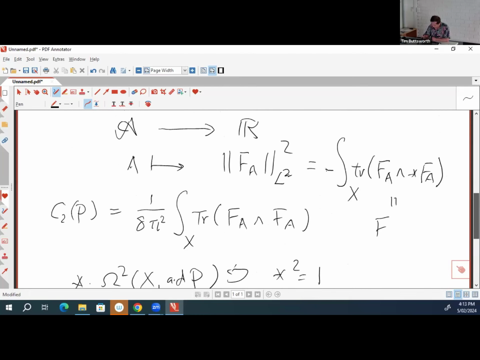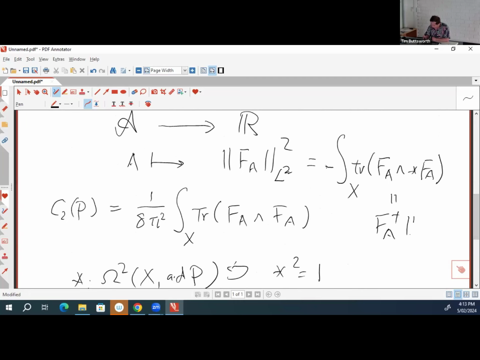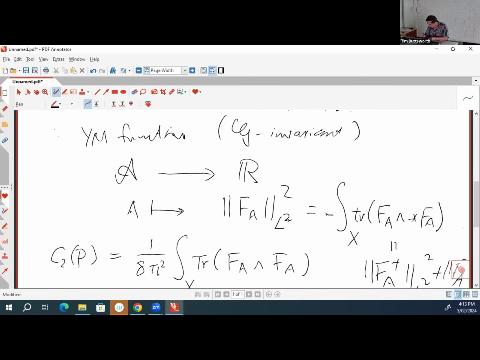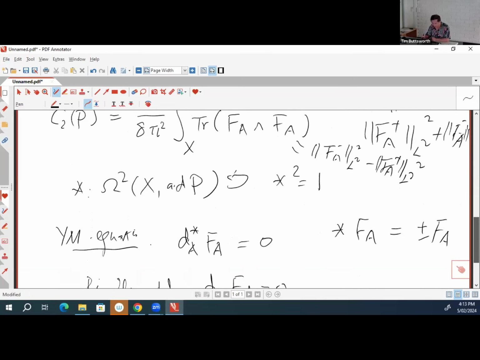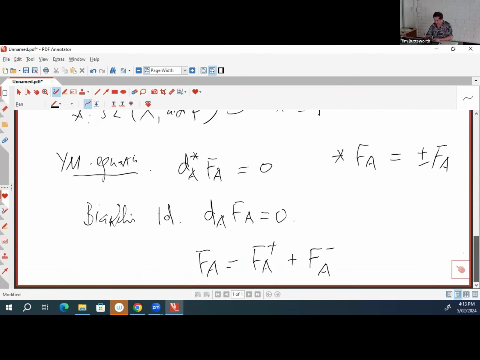And of course this is just this orthogonal decomposition. So we have these two, the self-dual part of the field and the anti-self-dual part of the square. And then this part, we write the negative part belongs to L2 norm squared, minus the positive. You can see that not every bundle admits anti-self-dual connections, so we have particular solutions.